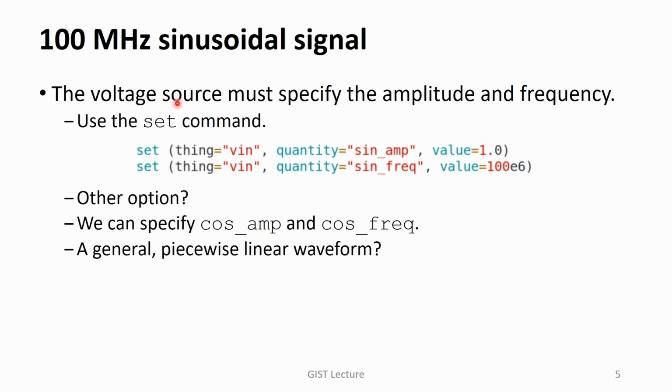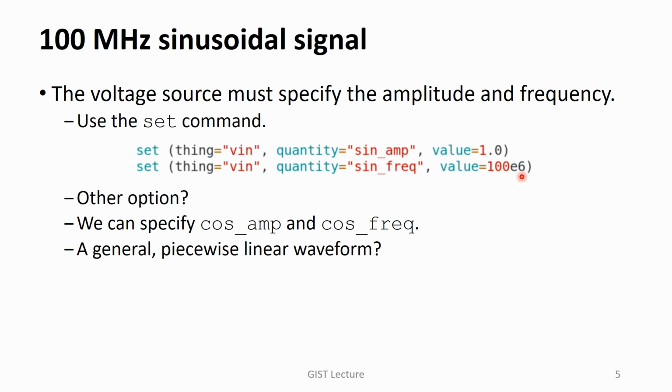The set command is used for this purpose with these two lines. The input voltage source Vin has a sine wave with an amplitude of 1.0 volt and a frequency of 100 MHz.